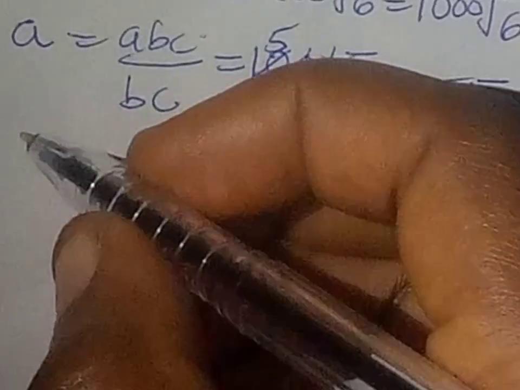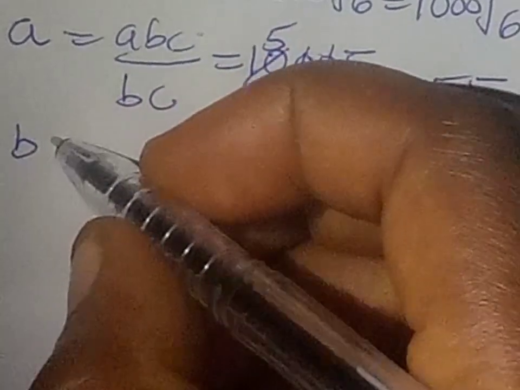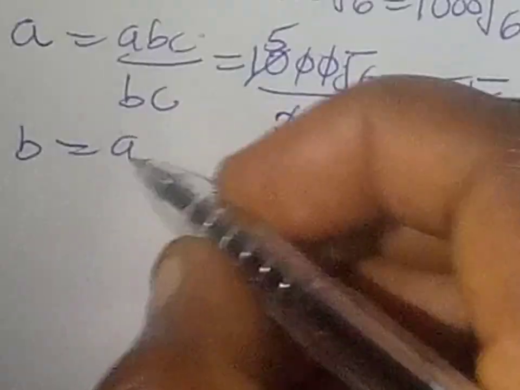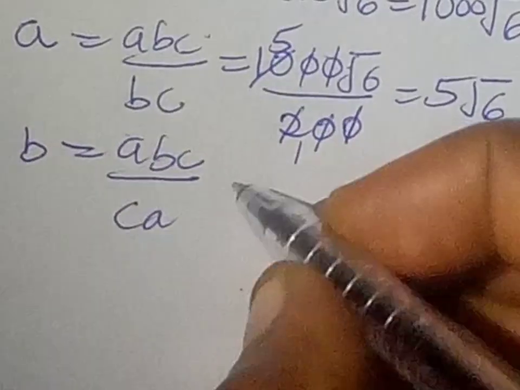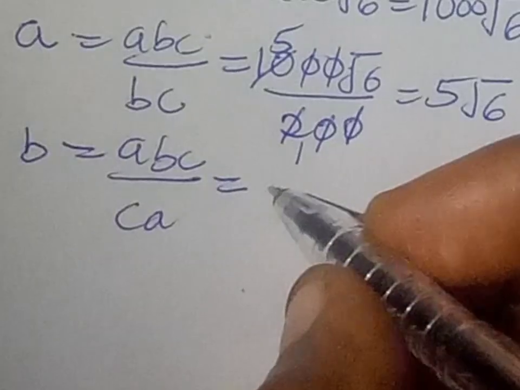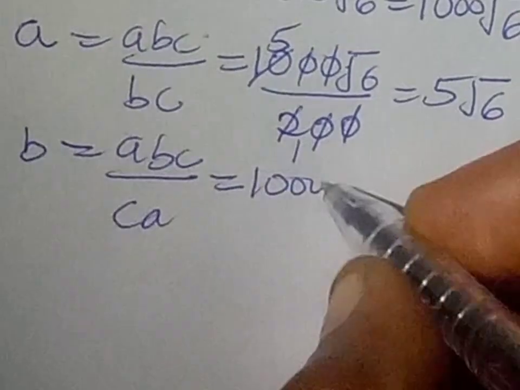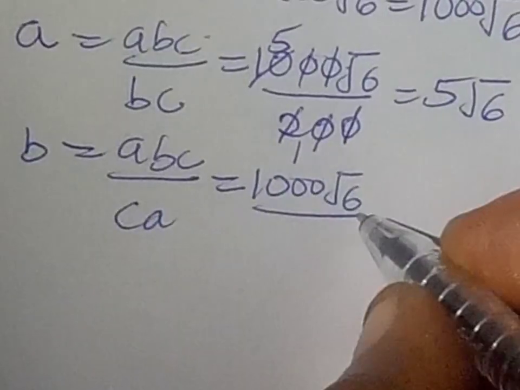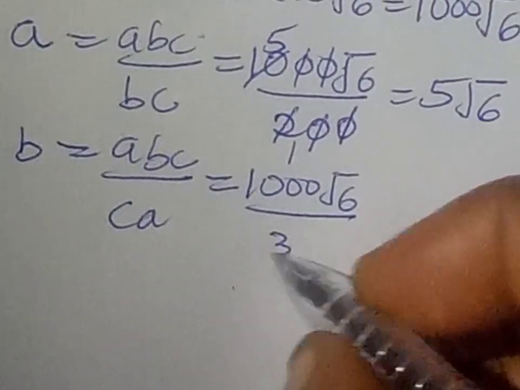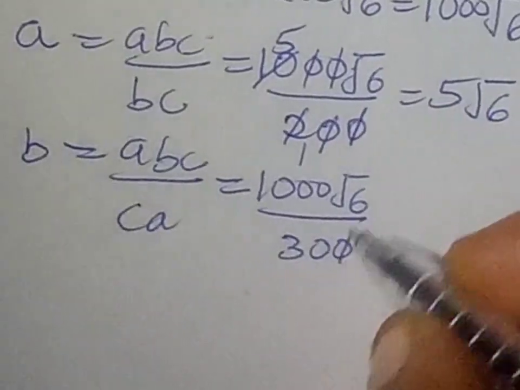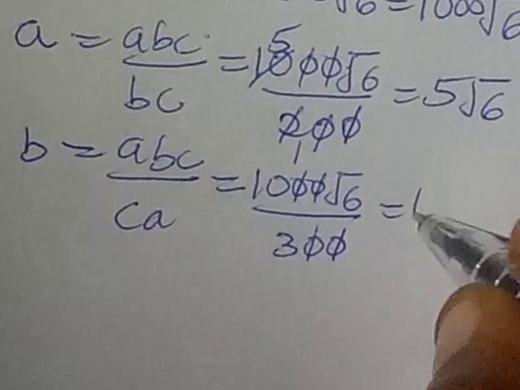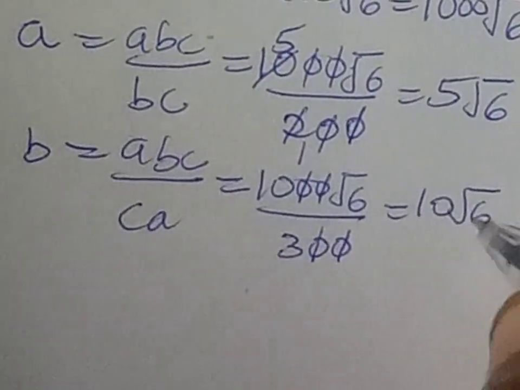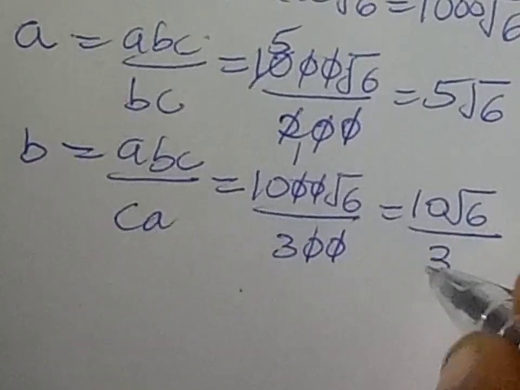Let's find our B. Our B equals ABC divided by CA, where our ABC is 1000 root 6 and our CA is 300. 0 cancels 0, 0 cancels 0. So we are left with 10 root 6 divided by 3.